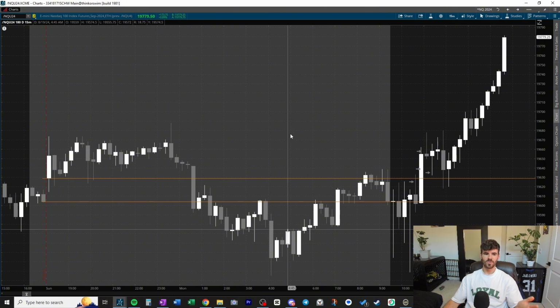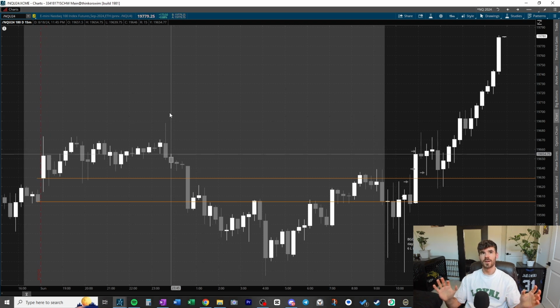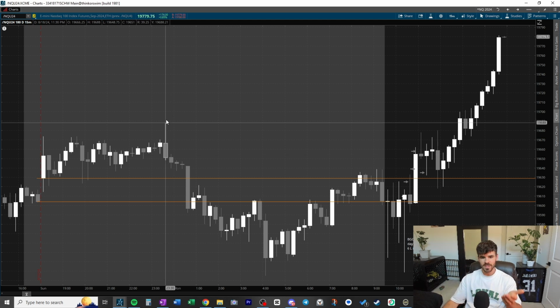So when you have equal lows and equal highs, that makes it a very good place for liquidity to be resting. Meaning, there's a bunch of orders sitting there. People are putting their stops there.